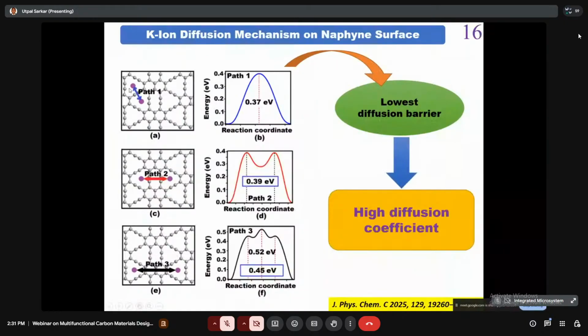So basically the potassium ion tries to migrate along this path. However, the other paths are also available depending upon the energy available to the potassium ion. The diffusion barrier is a little bit lower in this path, and most of the migrations occur through this path. So this low diffusion barrier tells you that the diffusion coefficient is large.